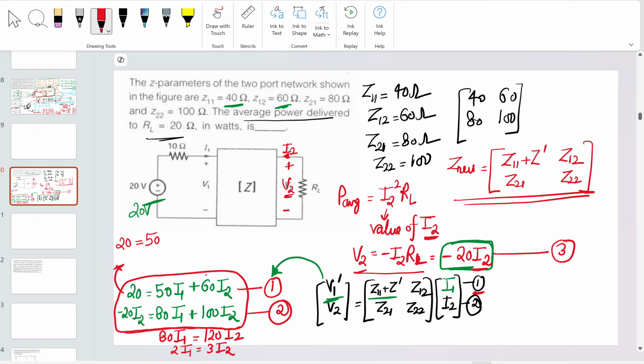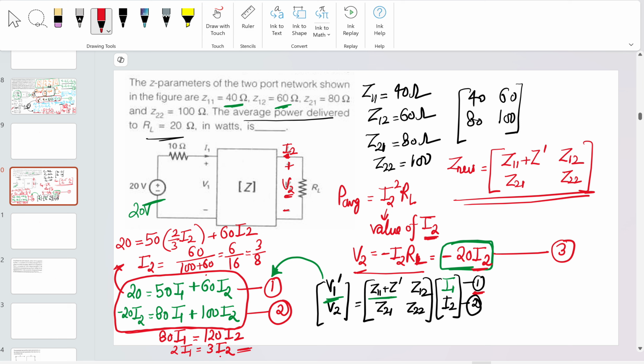So it will become 2 by 3 times I2 from this equation plus 60 times I2. What is the value of I2 you will get? You will get I2 equal to 60 divided by 100 plus 60. It will become 6 divided by 16, that will be equal to 3 by 8 basically. It is correct.